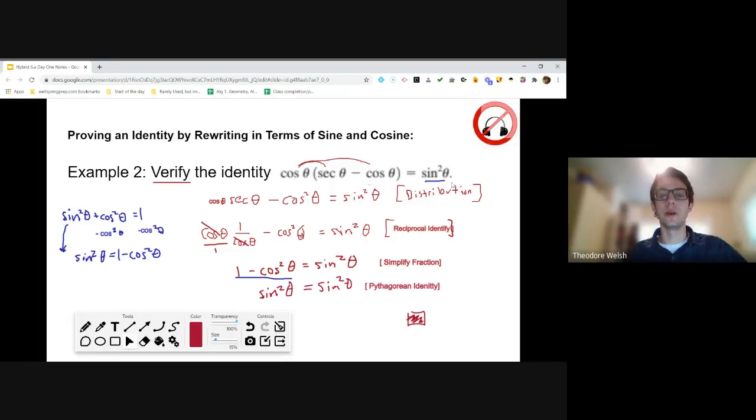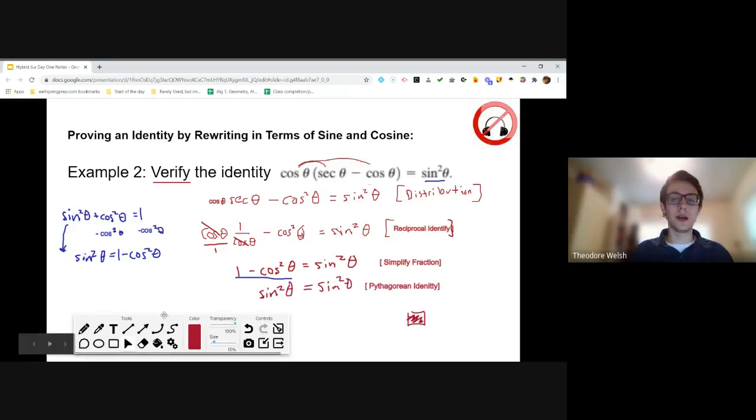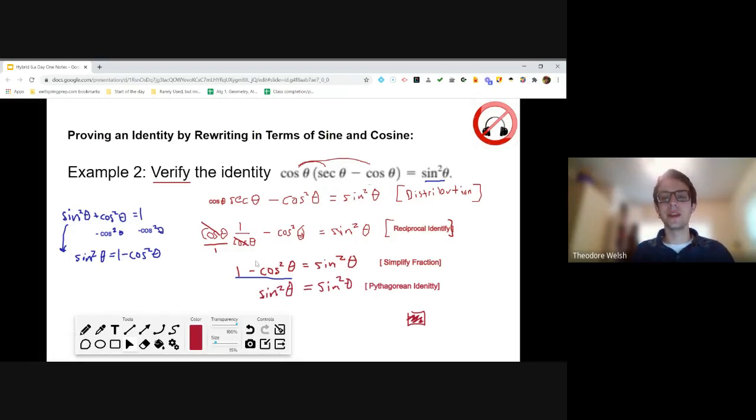We could rewrite sine squared as 1 minus cosine squared, and then try to find a way to get that to equal the left side. There are different ways to go about it. But as long as you're only working from one side, showing your steps, and using your identities and algebraic properties correctly, you should be okay getting to the finish line. Questions on that second one?